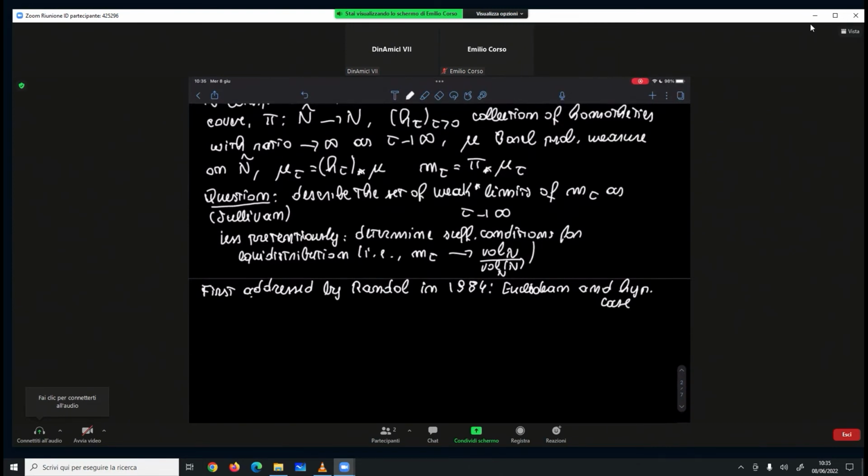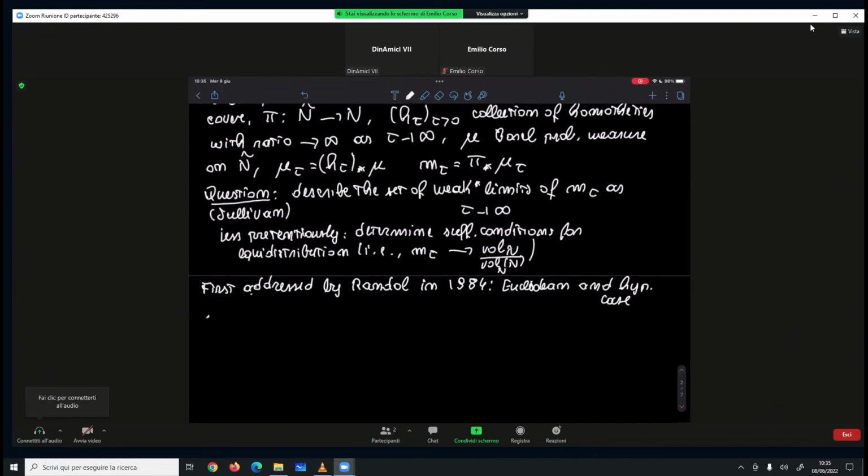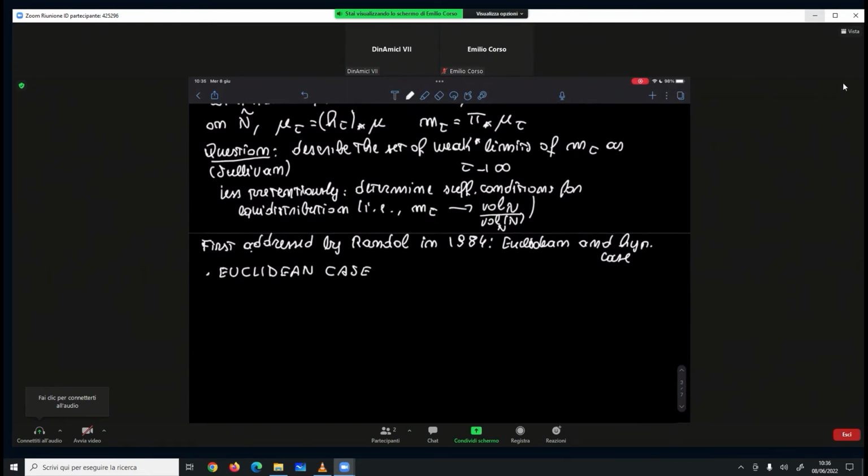And let me start this journey with the Euclidean case. What happens when we are in flat geometry? So in this case, we can take N tilde to be R^d, the universal cover. And for simplicity, let me take the standard integral torus.